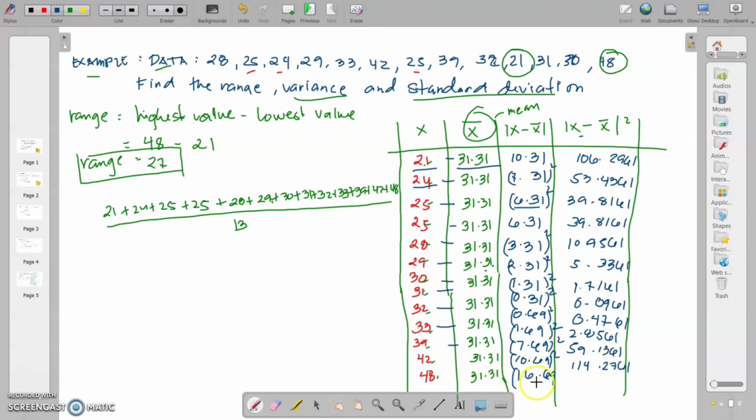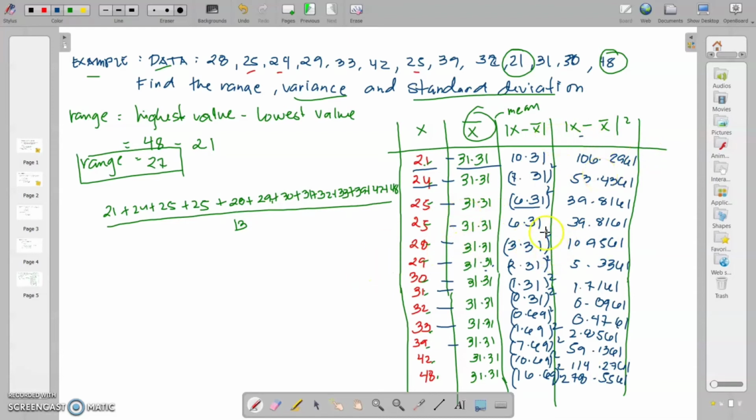And the last is 16.69 squared equals to 278.5561. So that is the square root of this. So that is the answer.